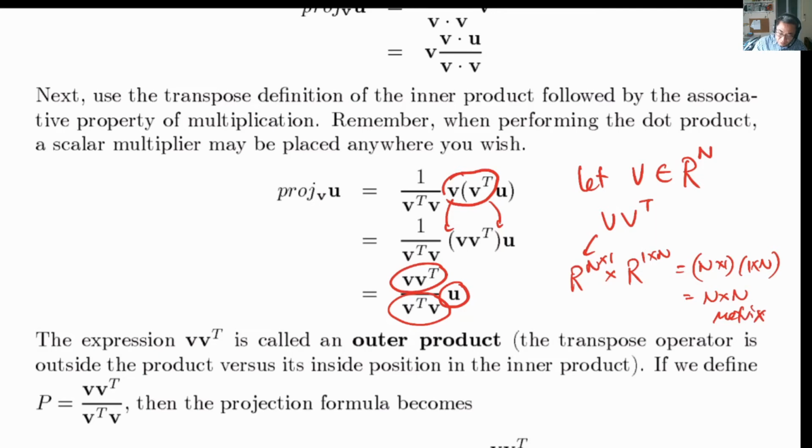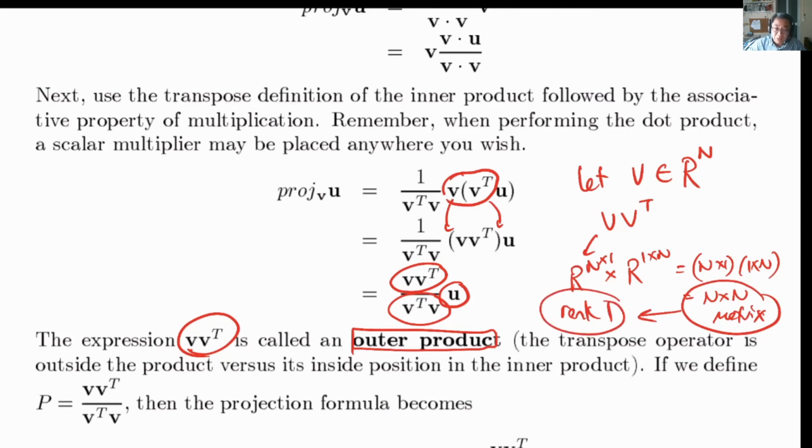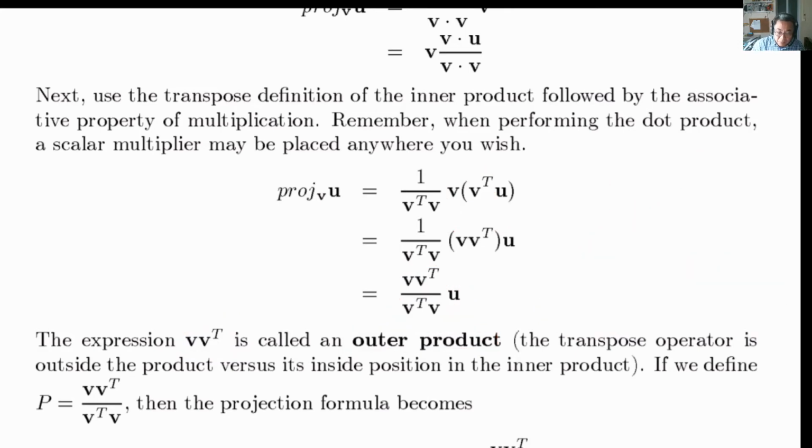Multiplying vectors this way is called outer product. This matrix is a matrix of rank 1 because basically it is a single vector multiplying by itself to form a matrix. What about its denominator? V transpose V is 1 by n times n by 1, which is 1 by 1, a scalar.